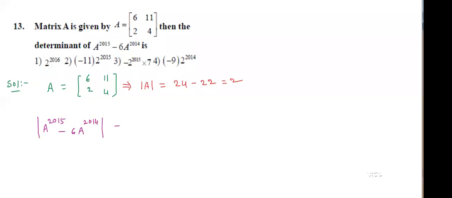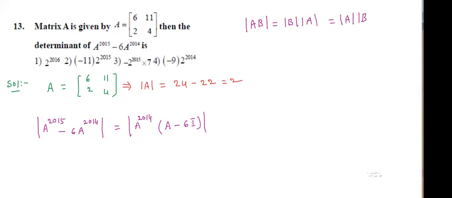Now here take common A power 2014, then what remains? A minus 6 into the identity matrix, because here we are getting constant elements. We know the formula, det of AB is equal to det B into det A, or we can write det A into det B also, no problem.